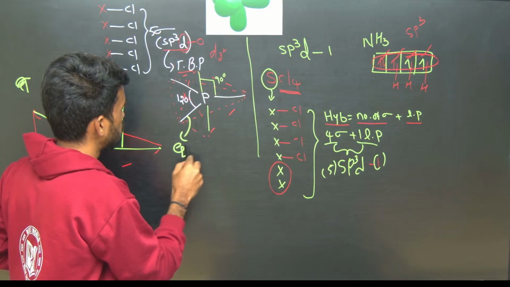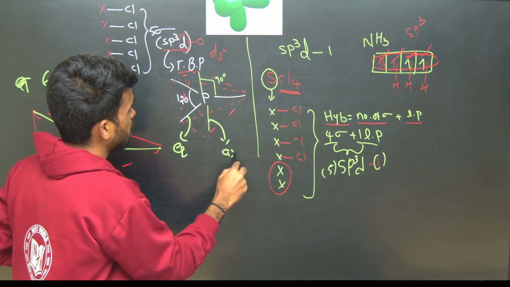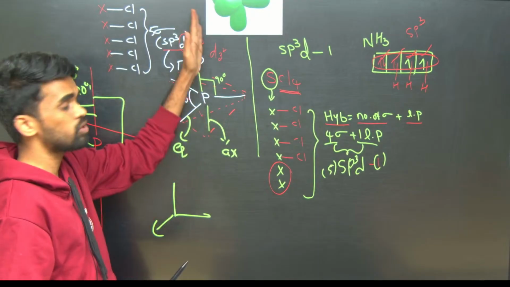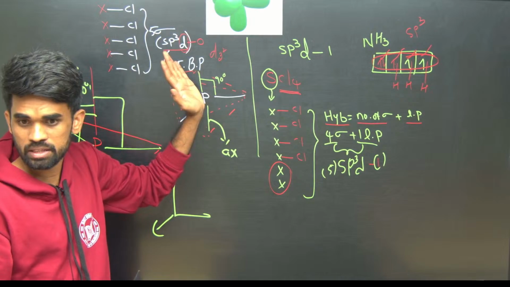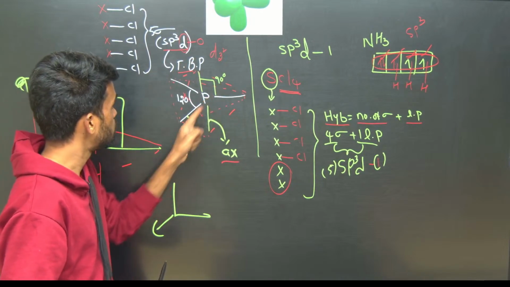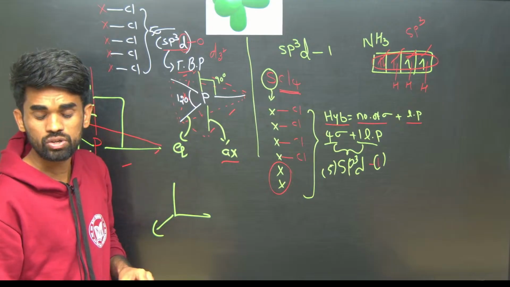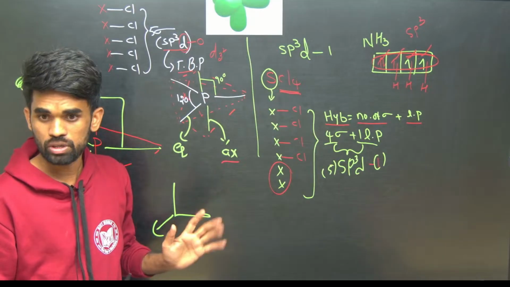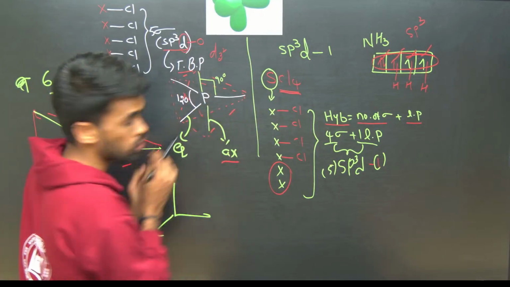These are called axial. Along the axis you have this line, so just remember it like that. Along the axis we have 90 degrees only, but equatorial lines have 120. So what is the best position to keep the lone pair? Equatorial.